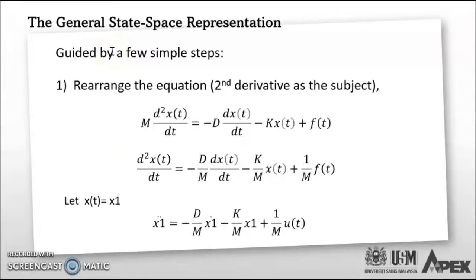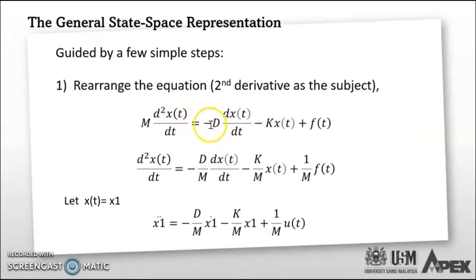The first one, we have to rearrange the equation, which is in this case the second derivative as the subject. Again, I left out, it's supposed to be d squared x over dt squared. I left out the squared, so please take note of that.